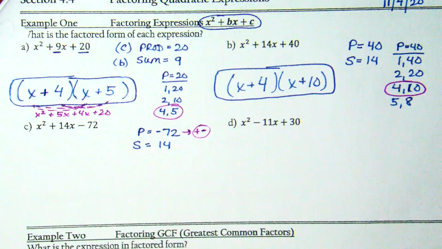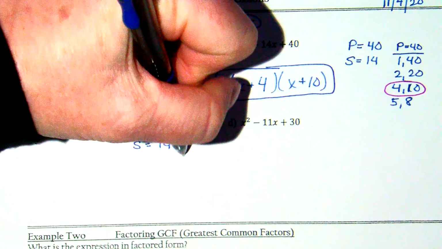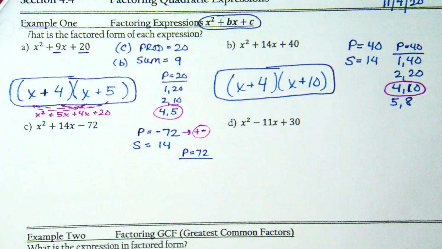Now, I'll be honest, when I make my list of pairs of numbers, I don't worry about signs right here. And maybe some of you do. But I just go through, okay, what numbers multiply to be 72? And then when we start talking about which ones add to be 14, keep in mind, when you put a negative on one of them, it means they're going to have to subtract to be 14.